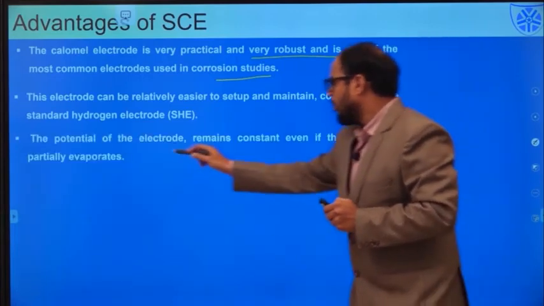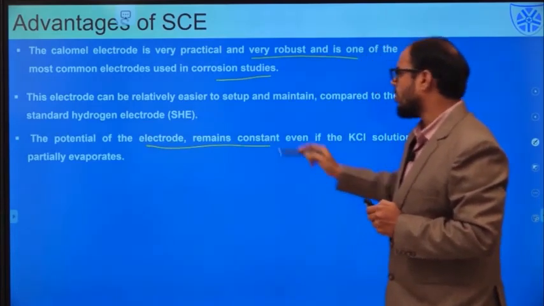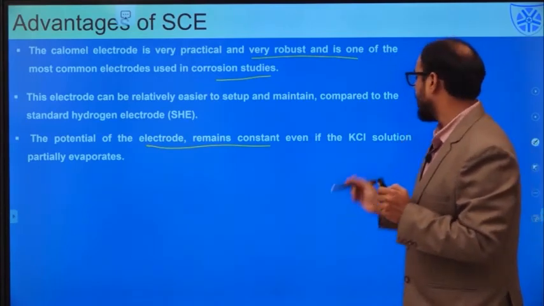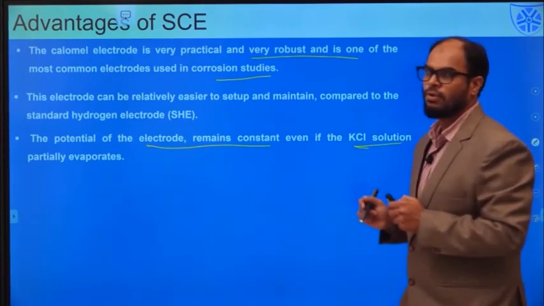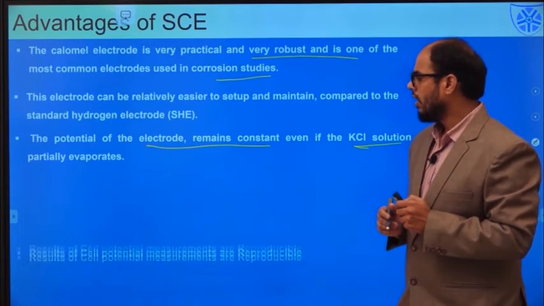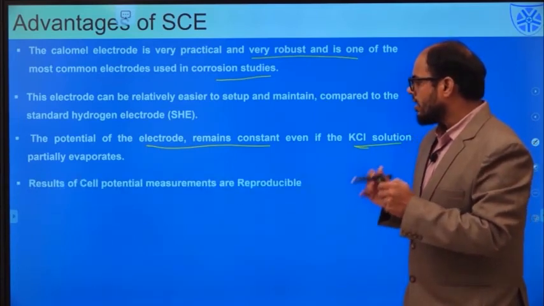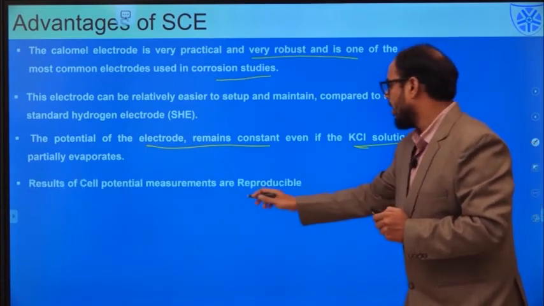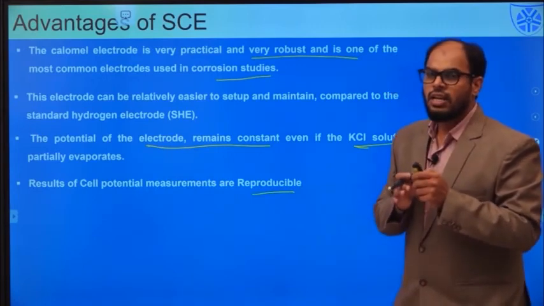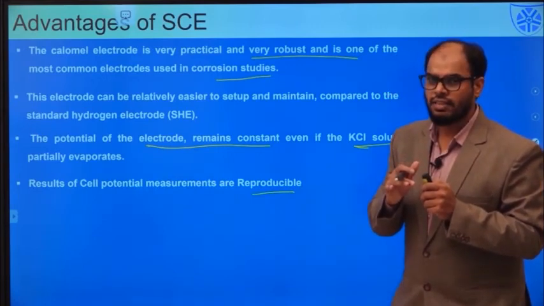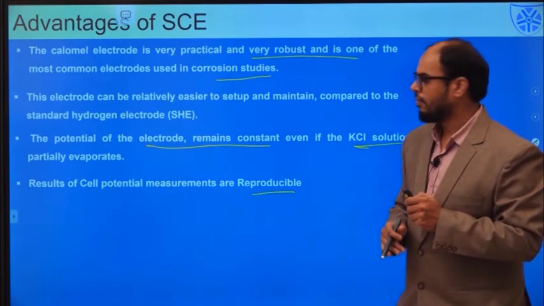And the potential of the electrode remains constant even if there is a partial evaporation of potassium chloride solution. And the results of the cell potential measurements are reproducible, which are the ideal characteristics for a reference electrode.